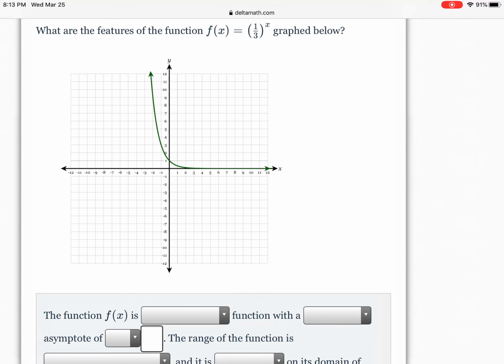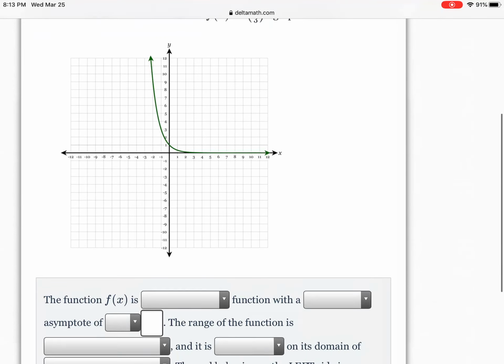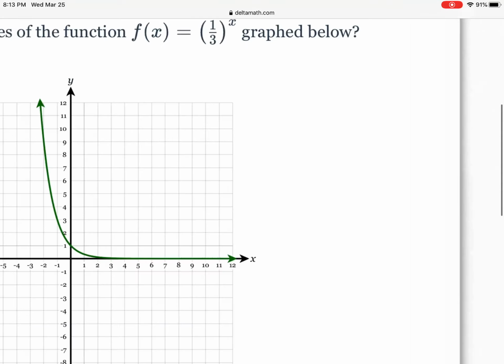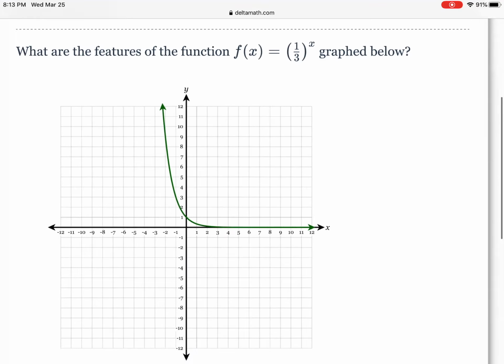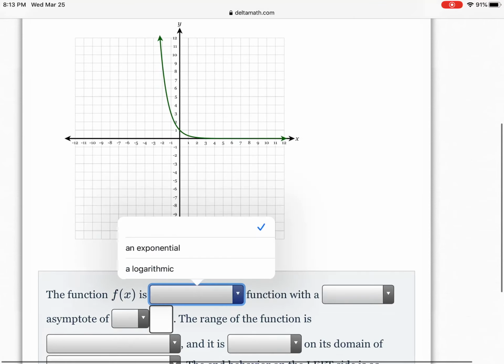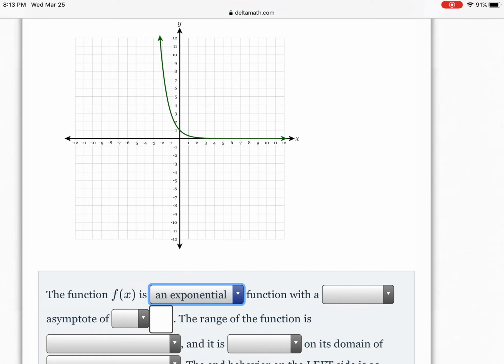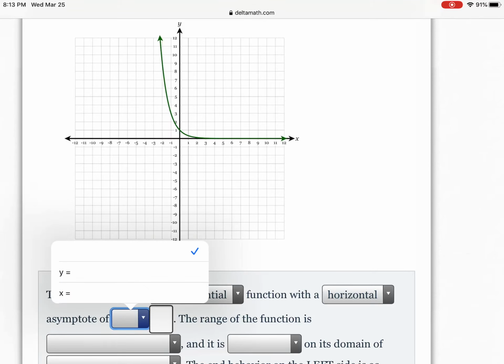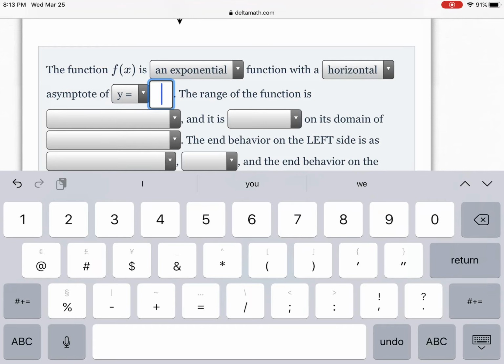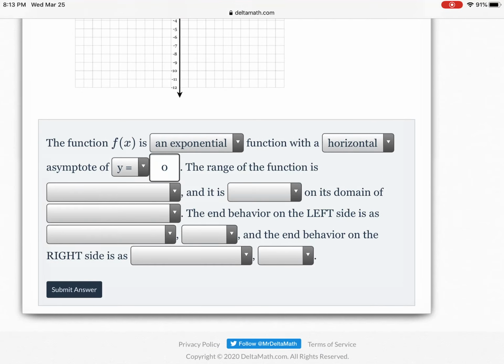Okay. So again, this is an exponential. I'm going to do one more of these. So it's exponential because of that 1/3 to the x. It has a horizontal asymptote. And a horizontal asymptote is always y equals. It's almost always 0, but sometimes it changes.